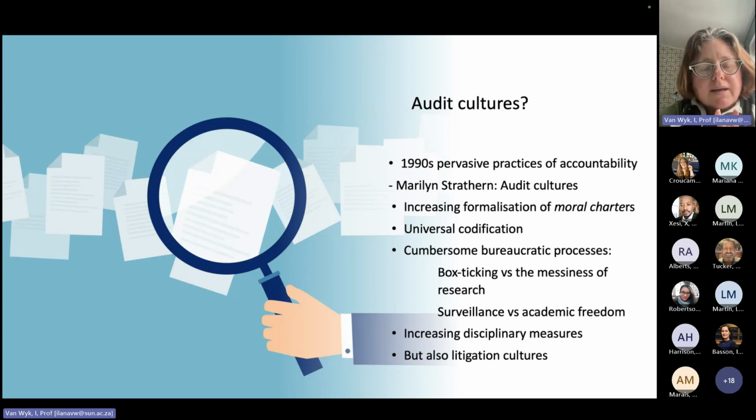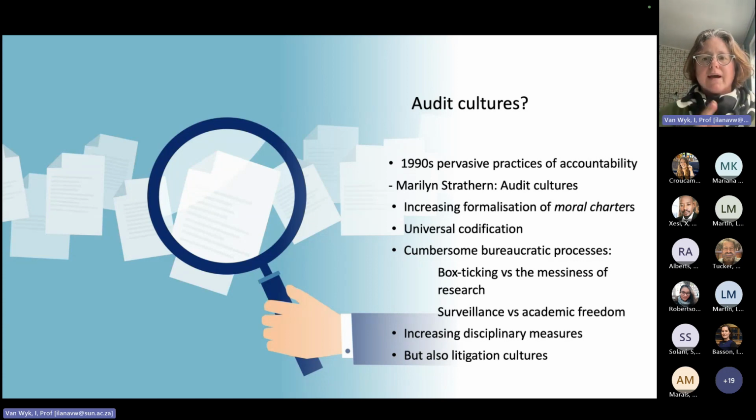But there's also something that grew at the same time. So this is in the 1990s, and this was an increasing litigation culture that started to rise in the world. So many of the people that we did research with, our participant communities and communities that we did medical research on, started to litigate against researchers who they said caused harm.